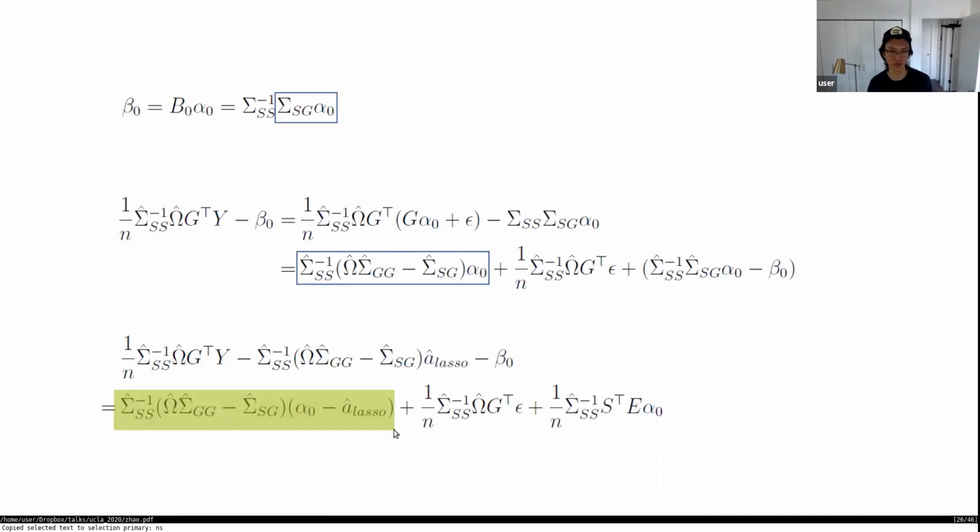By construction, we can make it small. And then the second term involving alpha 0 minus alpha hat is small because of properties of the lasso. So lasso is an accurate estimator, and it is accurate enough such that even when we multiply it by this other term, that will go to 0.